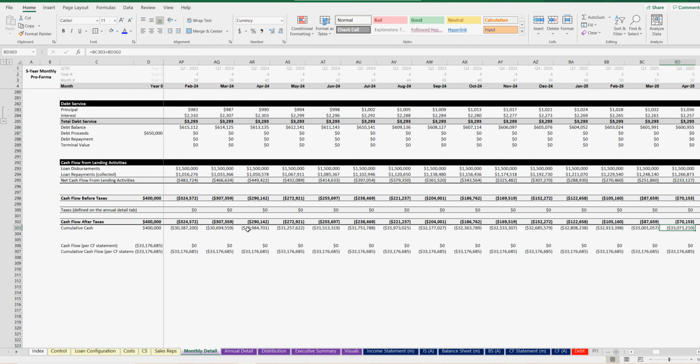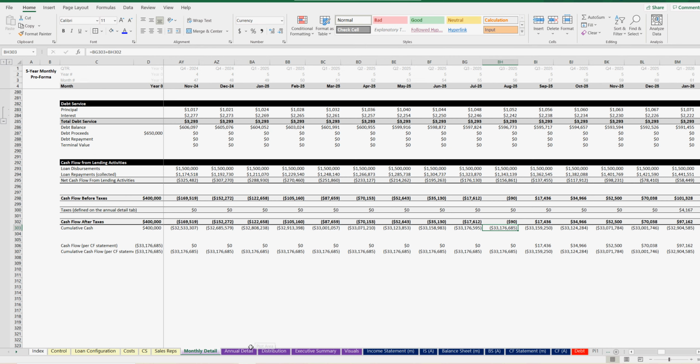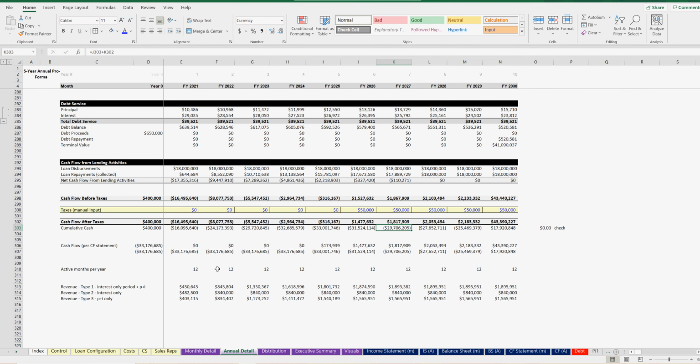So if we go over here, we can see the lowest number is 33,176,685, and then that should be that number, which, yep, it is. Then you've got the number for the cash flow statement, which always should be the same. The ending cumulative cash here should always be the same as the cash flow statement ending number. And it is, that's good.